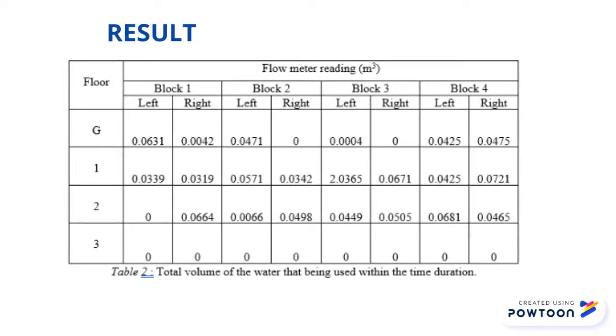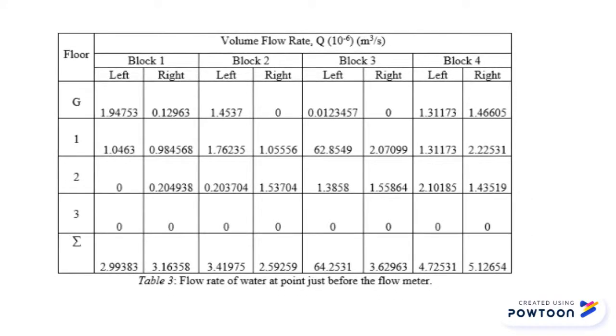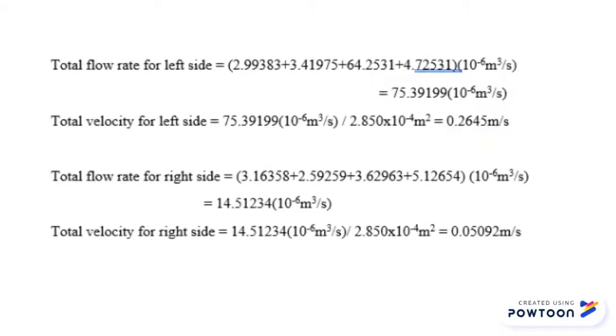In the results, Table 2 shows the total volume of the water that was used within the time duration. Table 3 shows the flow rate of the water at the point just before the flow meter. The total flow rate for the left side is 75.39 times 10 to the power of -6 meter cube per second.